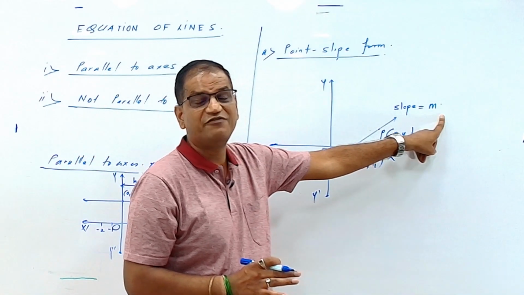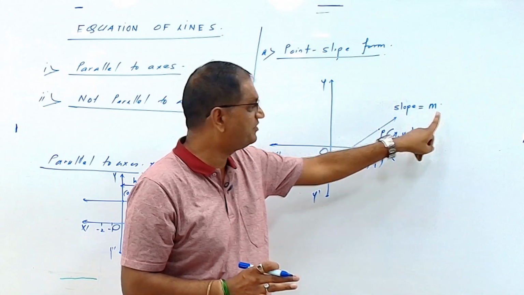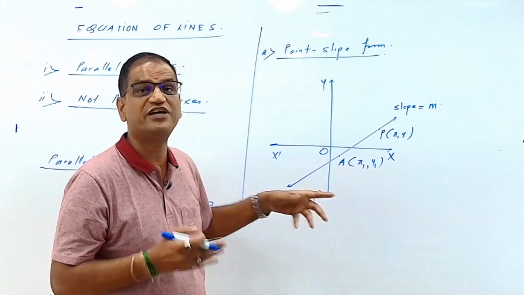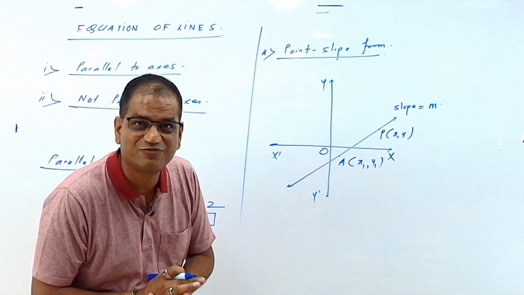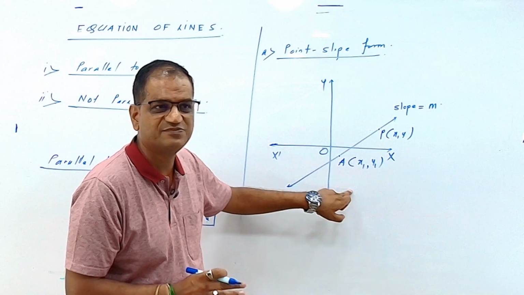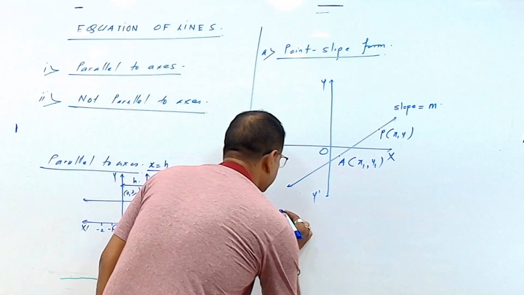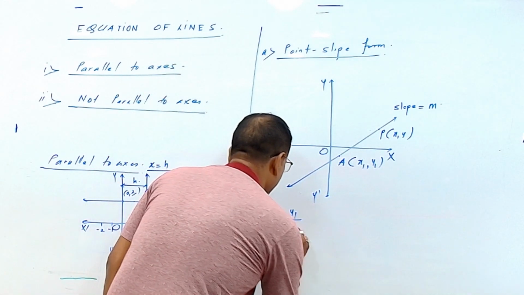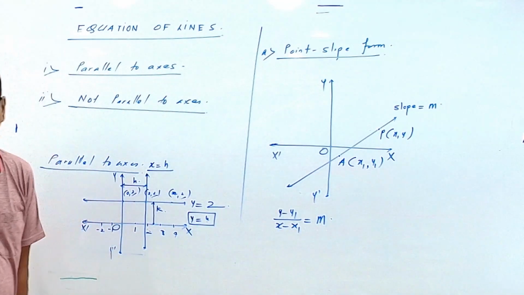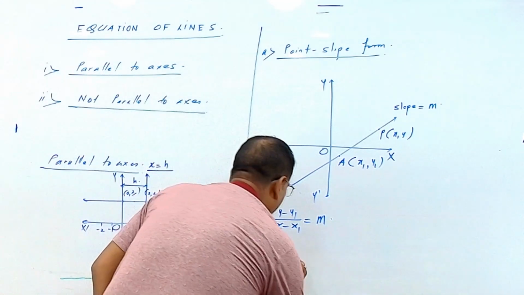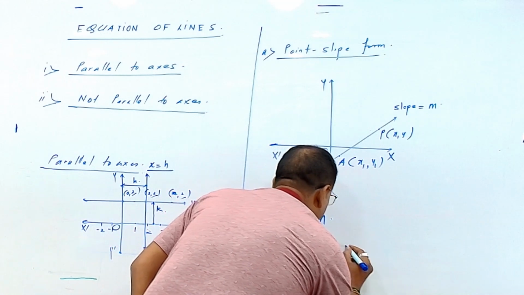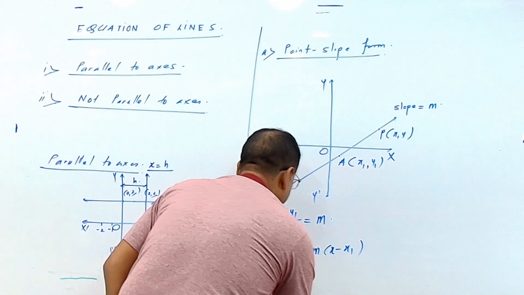So what is the gradient given? m. If you want to find out the gradient between the variable point P and the given point A, how can you find it? By using the formula y minus y1 upon x minus x1. So that will become y minus y1 upon x minus x1, and that is m. You're getting my point? Now I can write my formula: y minus y1 equal to m times x minus x1.